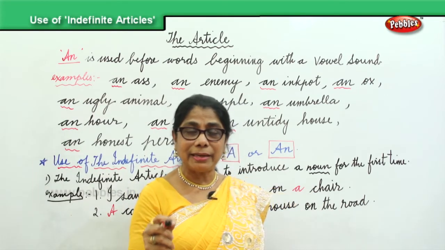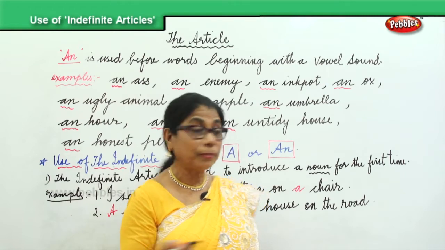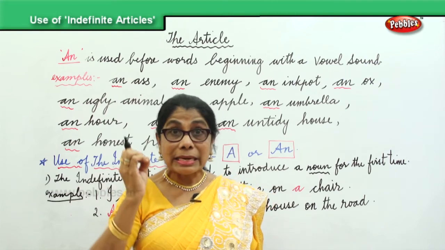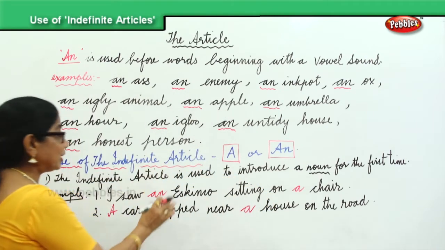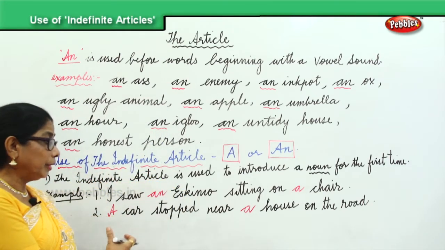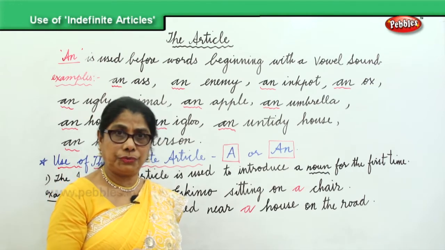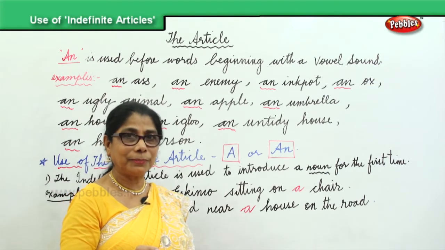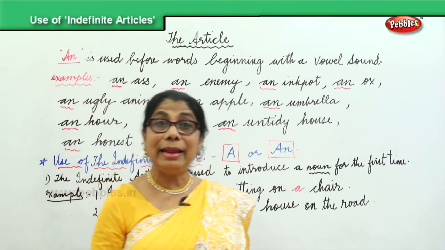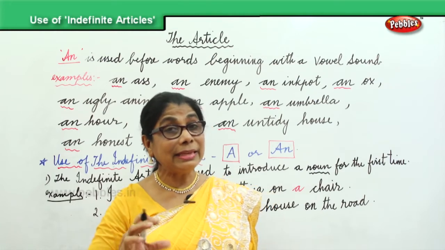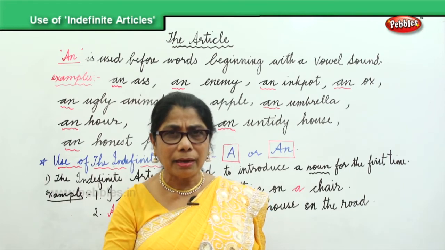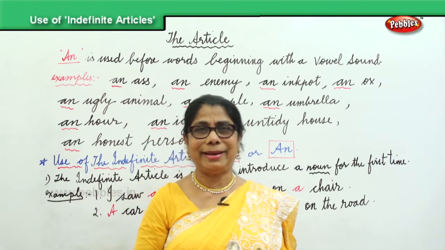So indefinite articles a or an, we use it for what? To introduce a noun for the first time. I saw an Eskimo sitting on a chair. A car stopped near a house on the road. So, the usage of indefinite article a or an is very easy, but you have to be very clear. We are pinpointing a car, an Eskimo, a chair.